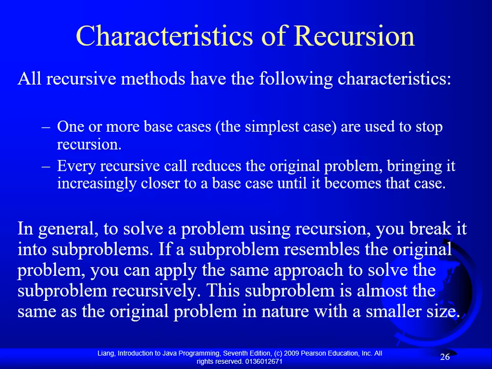And then every recursive call reduces the original problem, bringing it closer and closer to the base case until it becomes that case. By the time it becomes that case, you stop, because the base case returns some known value. And when it stops, you are now threaded back along the recursion trace to go back to the original point where you came from.